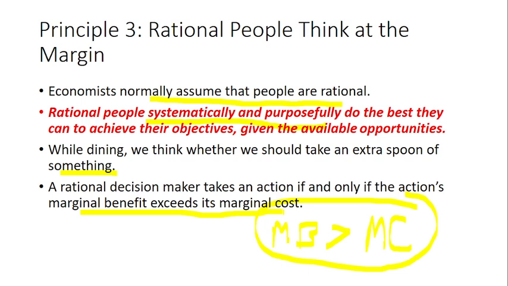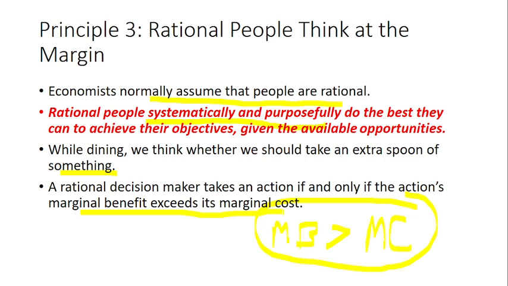Marginal means we are thinking at the edge. We are thinking about the additional. That's why we give an example here. When we go for lunch, we will be thinking of whether we should take an extra spoon or not, whether we should additionally order something else or not.